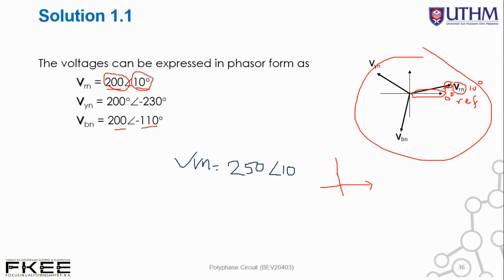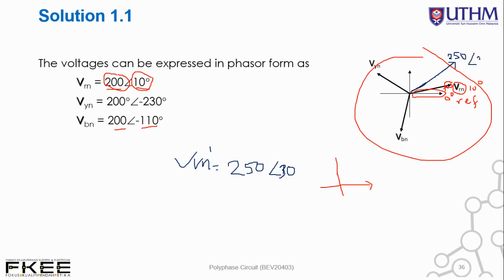So how to represent it? You should now write VRN prime to show this is a new VRN compared to the old VRN. Now we have a longer one, let's say 30 degrees, just to separate it from the old VRN. So we have 30 degrees shifted upward with a longer arrow, which means this is 250 volts.